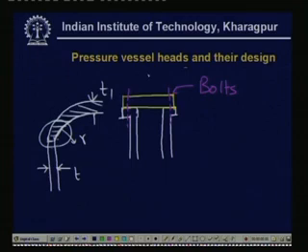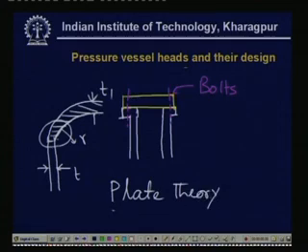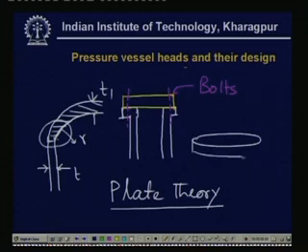Now, how to design these pressure vessel heads? Pressure vessel heads are normally designed using plates and shell theory, that is, we use the plate theory. Again, when we have a cylindrical disc, which is this kind of head, then the design of this thickness will depend not only on the type of loading.